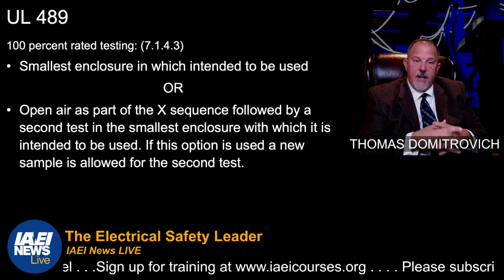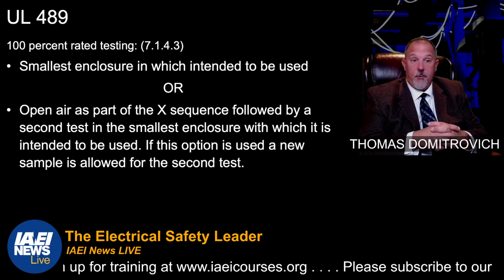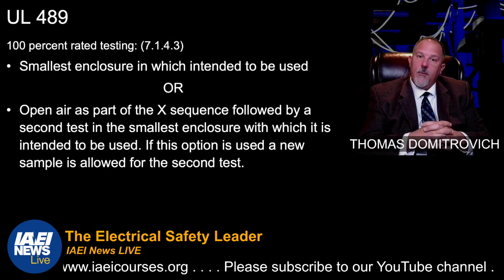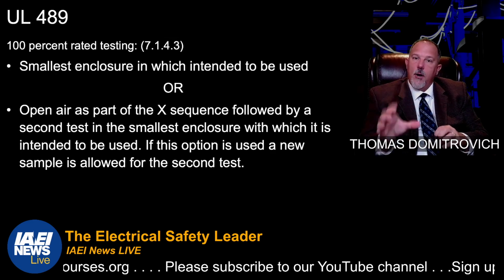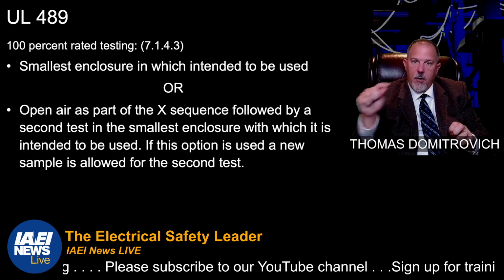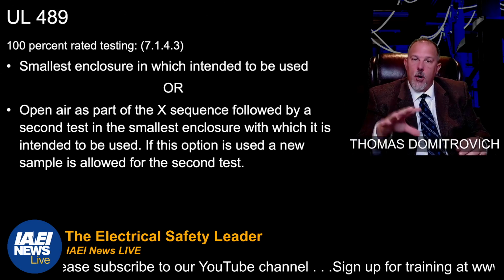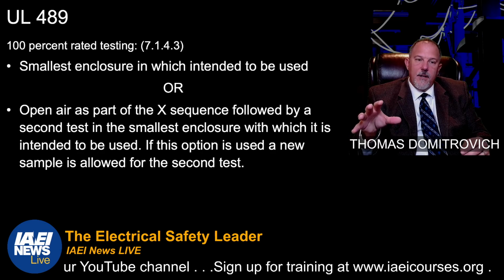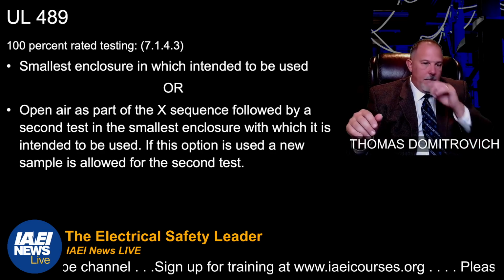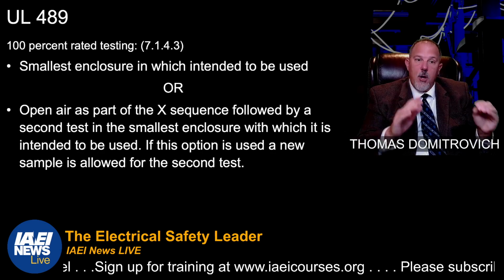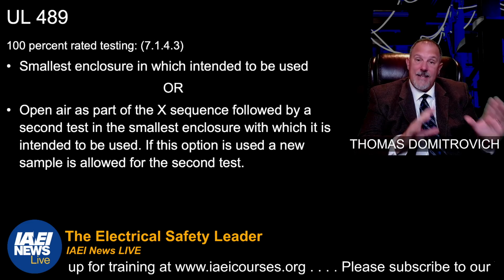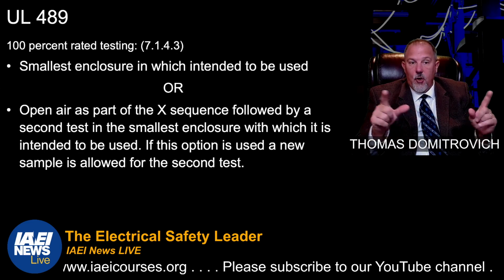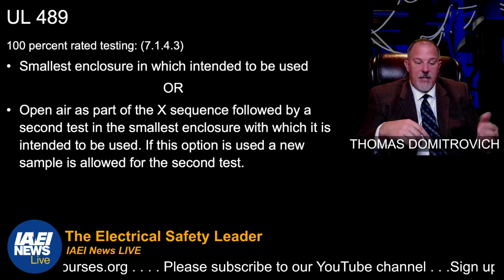In section 7.1.4.3, they tell you that when you're going to test a breaker and mark it, not mark it like sell, but mark it as 100% rated, you want to put it in the smallest enclosure it is intended to be used. Or if you do it in open air, they have you do a sequence.